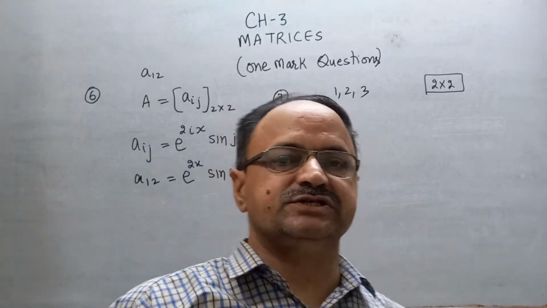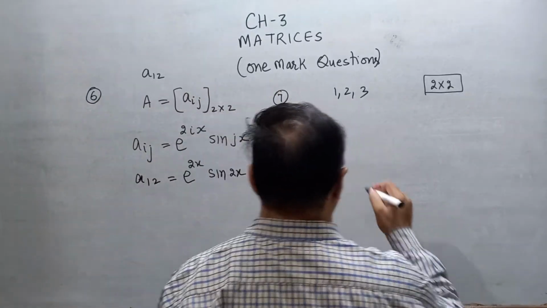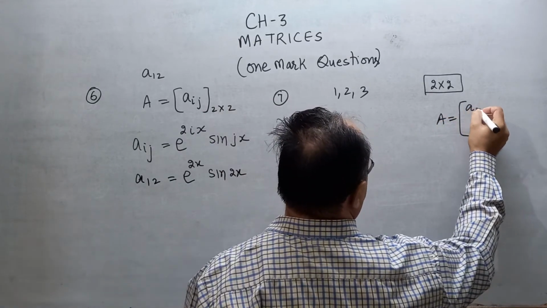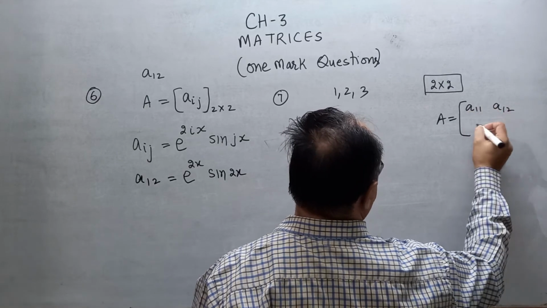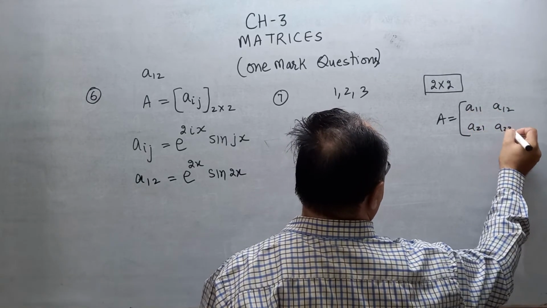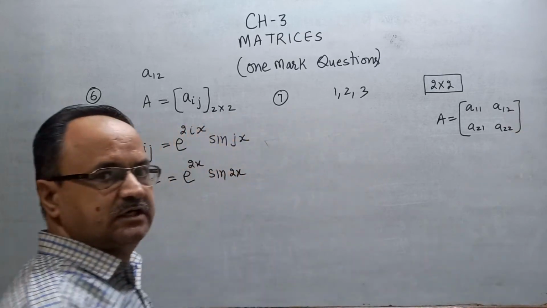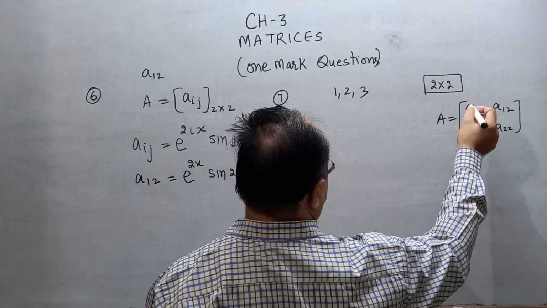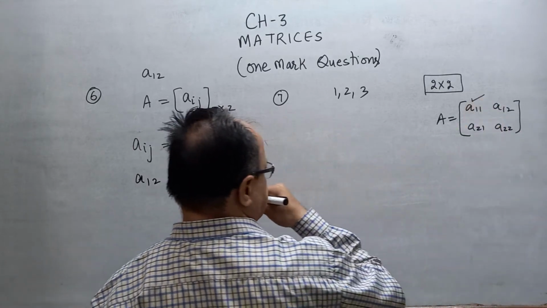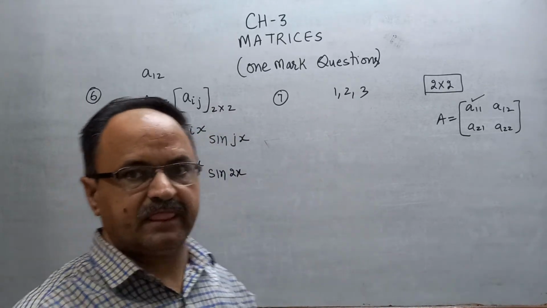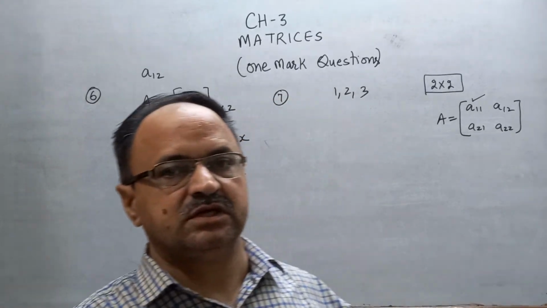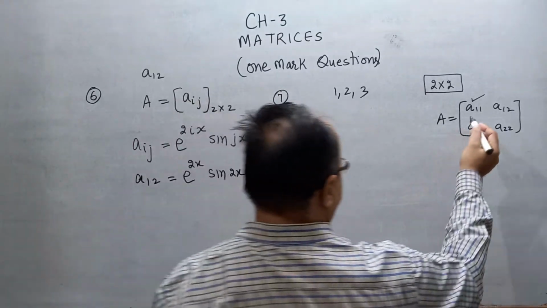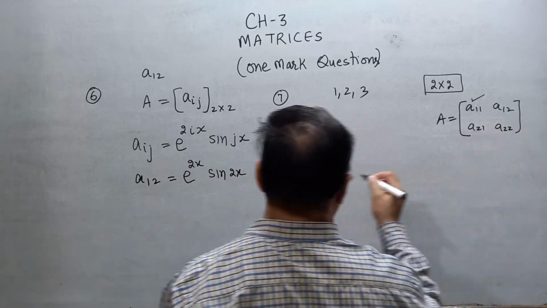You know that if the matrix is 2 by 2, then there are 4 elements. Clear? And the entry of each element has 3 possible ways. Total possible ways of the entry of A11, that is 3 ways. 3 ways here, 3 ways here, 3 ways here, 3 ways here.